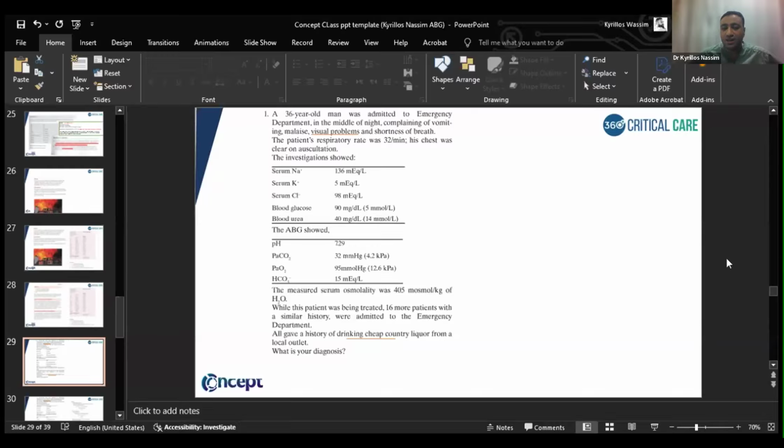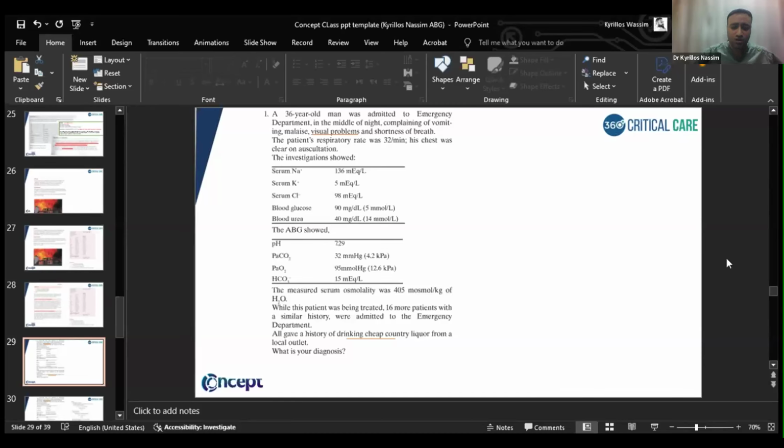And I told you before, if they give you a measured serum osmolarity, you must calculate the gap, as we will see in the answer. While the patient was being treated, 16 more patients with a similar history were admitted to the ER. All gave the same history of drinking cheap country liquor from a local outlet. What will be your diagnosis?